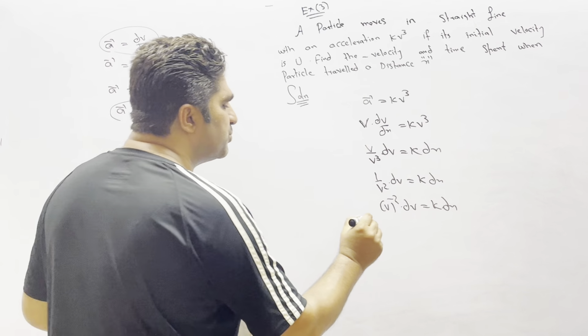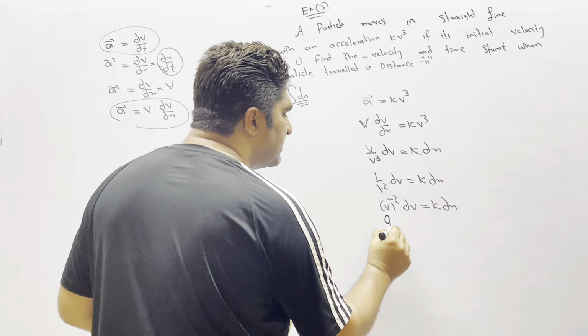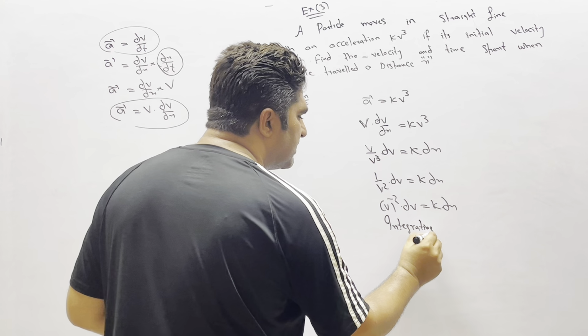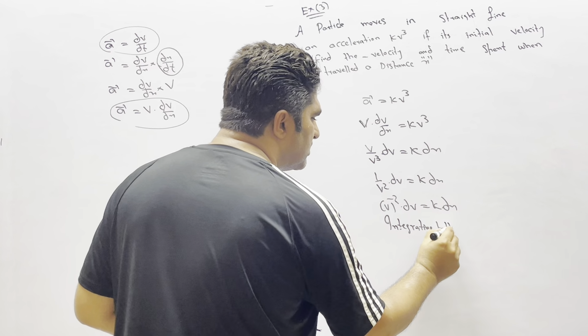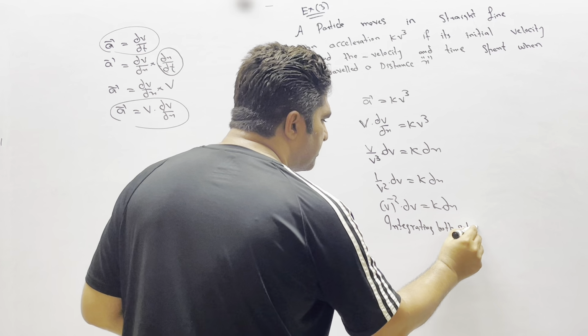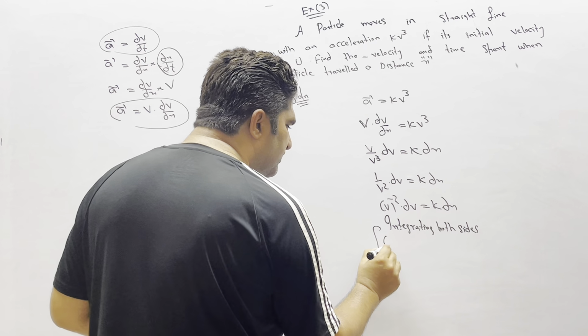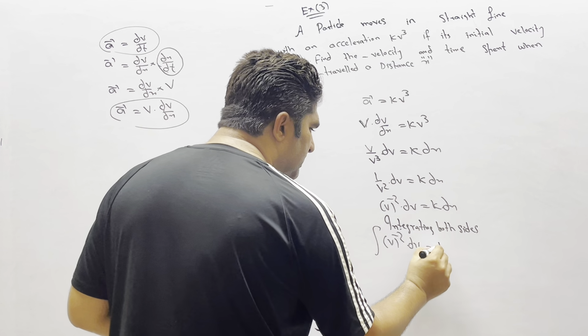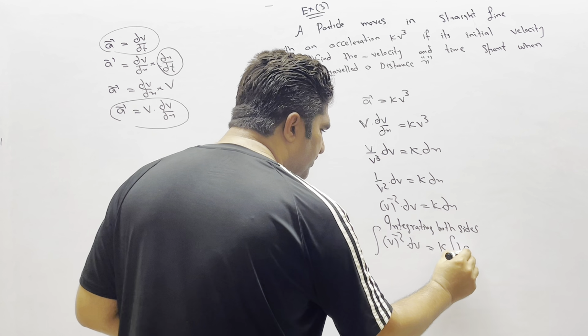Now I'm integrating both sides: v power minus 2 into dv equals k times the integral of 1 dx, where k can be taken outside.